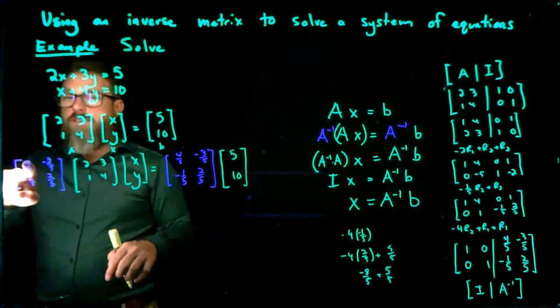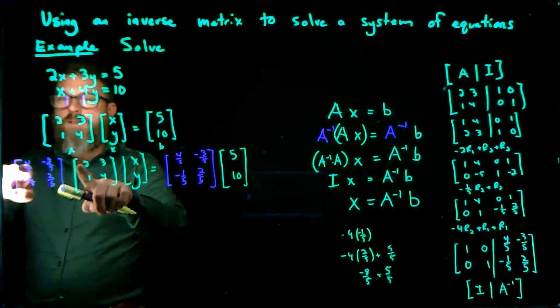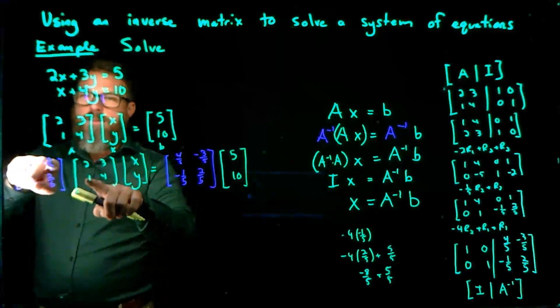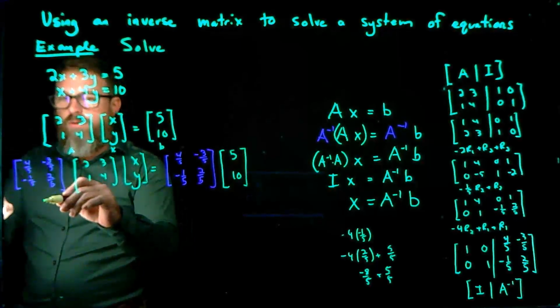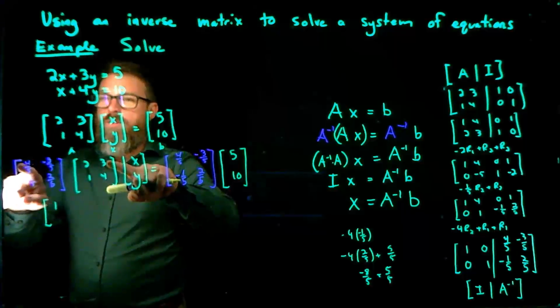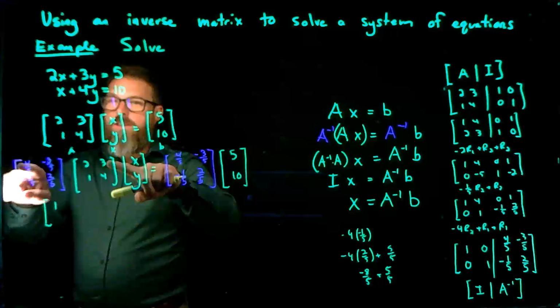So let's try this. So 4/5 times 2 is going to be 8/5. And then I have 8/5 minus 3/5 is 5/5. So I get 1. Okay, over here, first row, second column. 3 times 4 is 12/5.